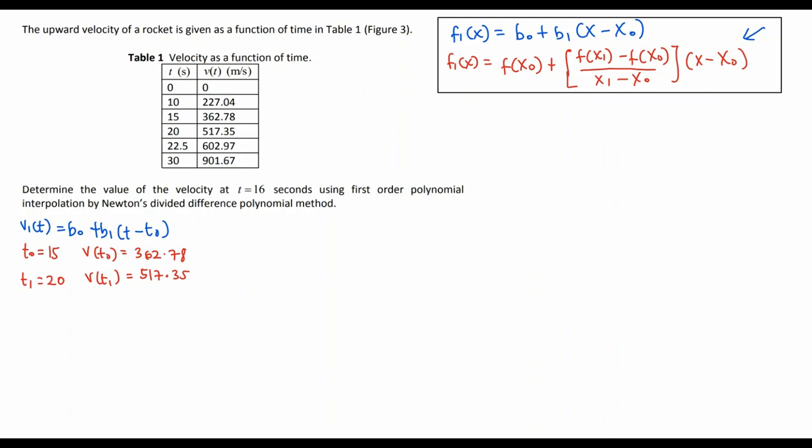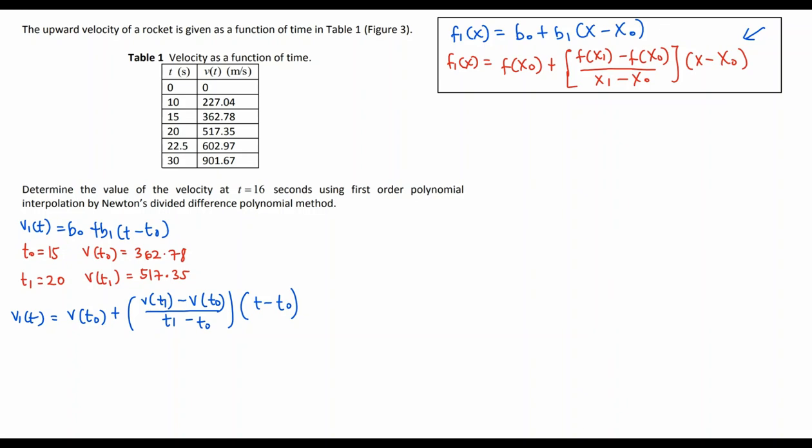We are going to have v1 of t equal to v of t naught plus v of t1 minus v of t naught, divided by t1 minus t naught, multiplying t minus t naught. This is the general form of the polynomial function that you are going to have.